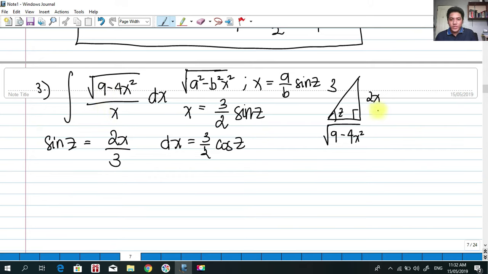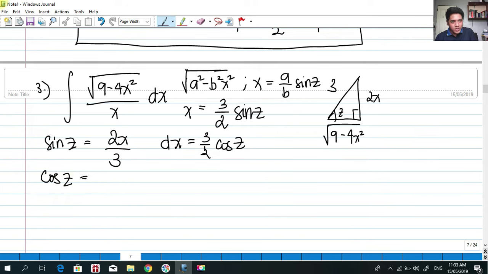So as you can see here, as much as possible, in this triangle, we have to avoid the term that has an x, which is this side opposite to angle z. Okay, so we're going to use either this and this side, so adjacent and hypotenuse. So based on our x and dx, we can use the cosine function.